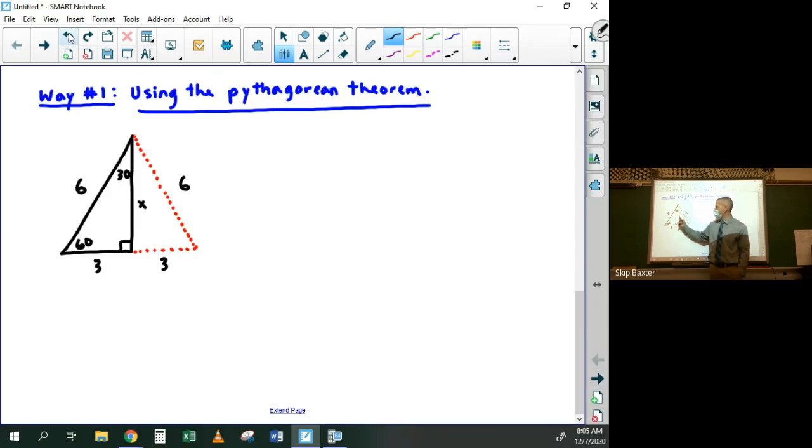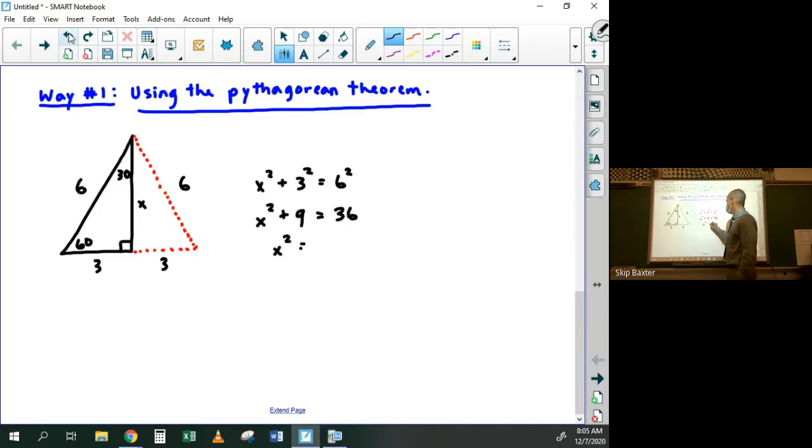And if it's this side I'm looking for, I can just do the Pythagorean theorem. I could say x squared plus 3 squared equals 6 squared, right? I'm just using that right triangle right there, and I know 2 out of the 3 sides, so I can just find the missing side. This would be x squared plus 9 equals 36.